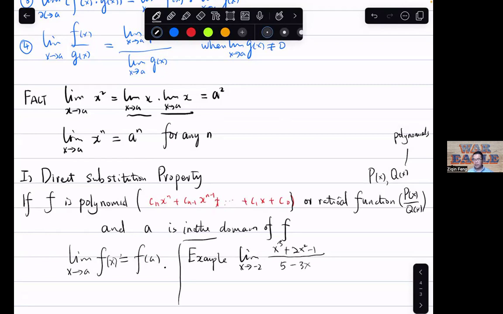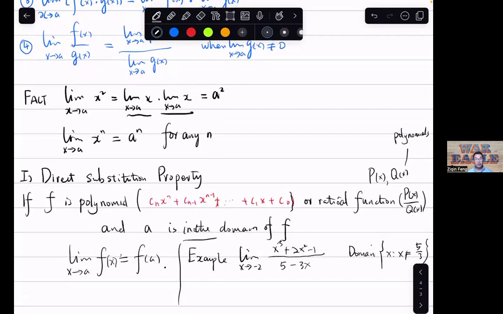You can see that the domain of this function is all x where x cannot be 5/3. If x is 5/3, the denominator is 0, which is not good. So the domain of this function is from negative infinity to 5/3, and from 5/3 to positive infinity.